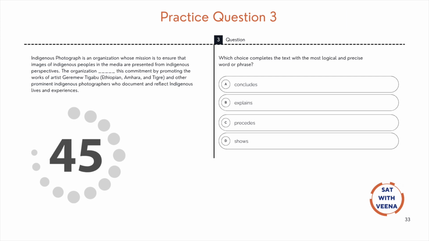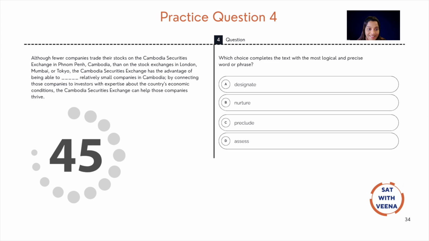Practice question 4. Please pause for 45 seconds. The Cambodia Securities Exchange connects small companies with investors so those companies can thrive. Meaning, the exchange helps small companies grow and succeed. Predict. The missing word should mean support or develop.